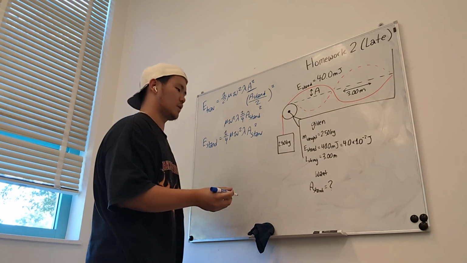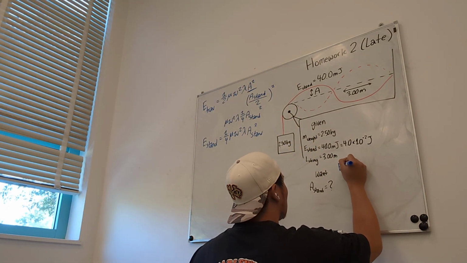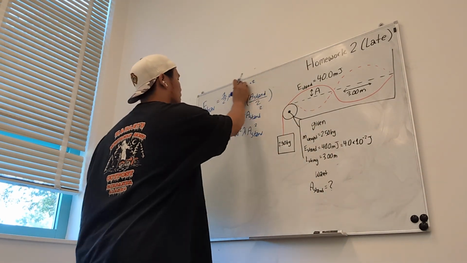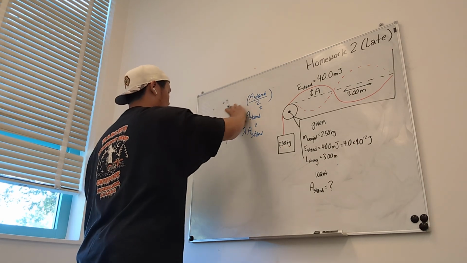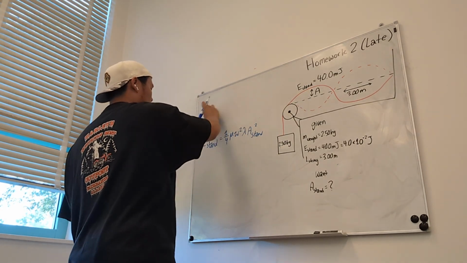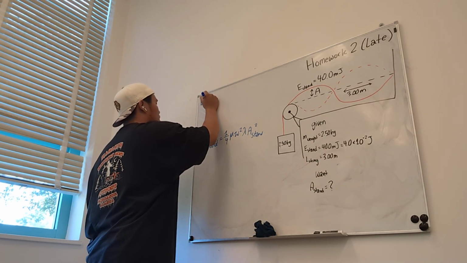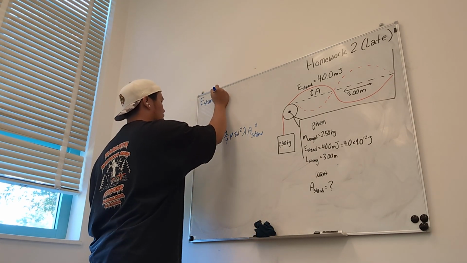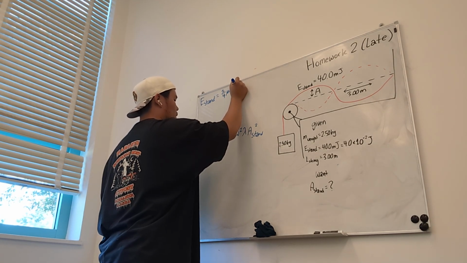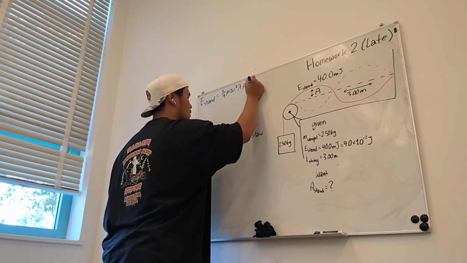So now let's save this over here. Actually, no, let's put it up top. That's gonna be easier to reach. Energy of the standing wave is equal to 1/4 mu omega squared lambda a squared standing wave.